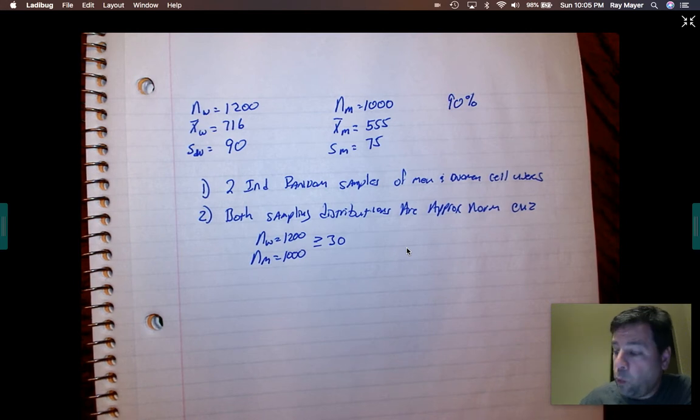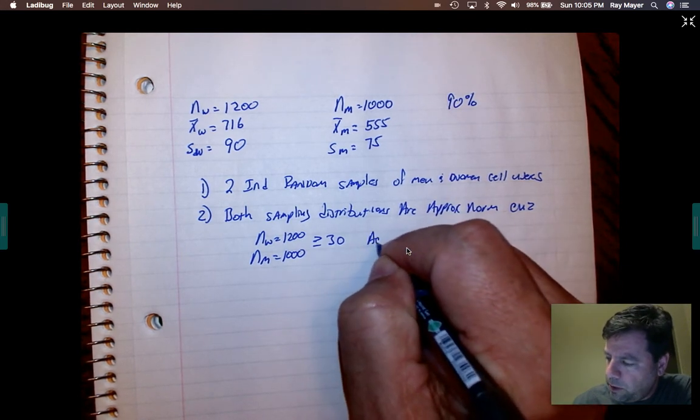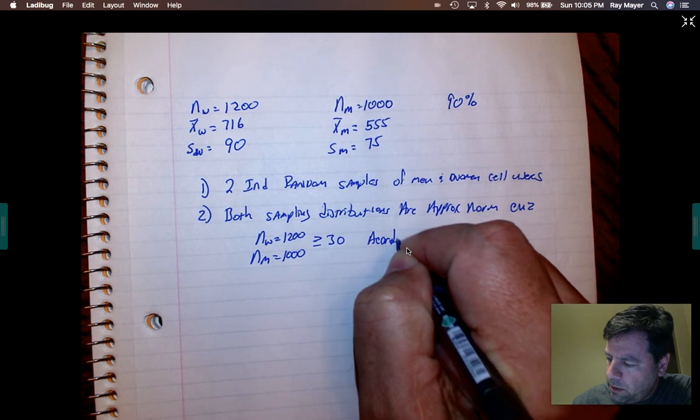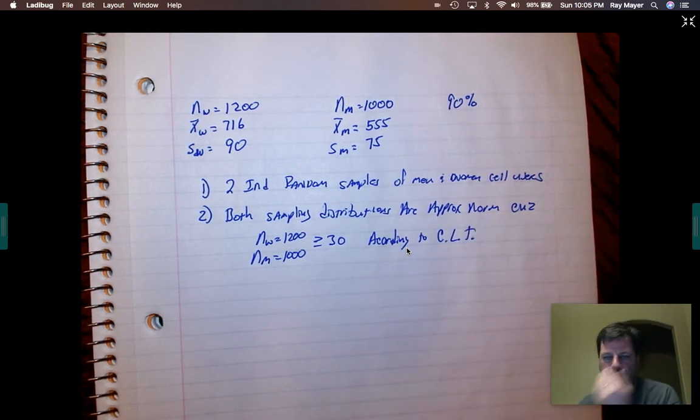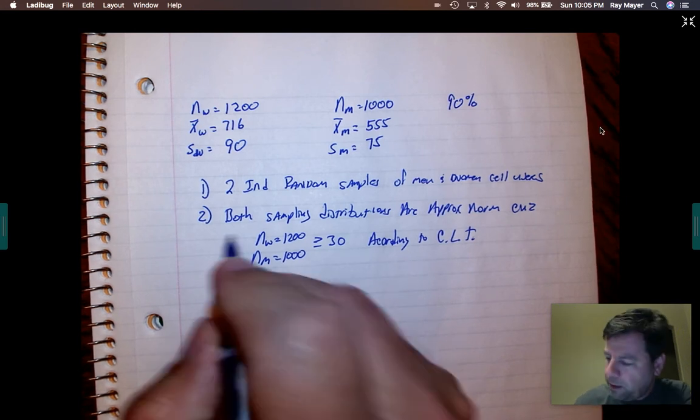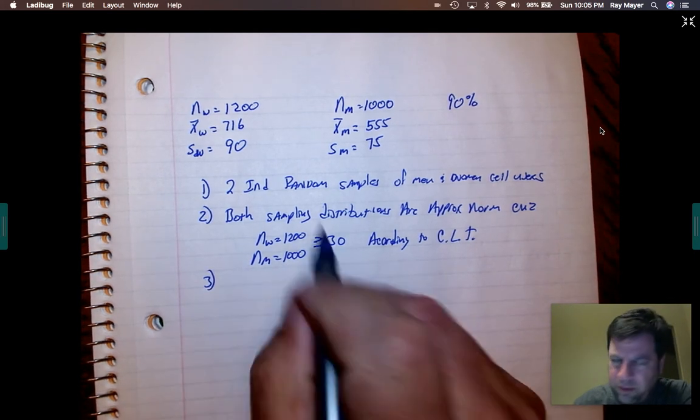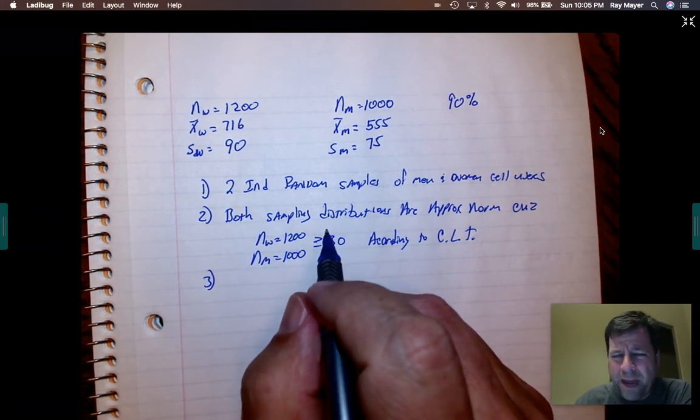And that's according to the central limit theorem. Again, you probably don't need to put all that stuff, but I like to reemphasize some of those things that we've talked about already. Because this is male and female, I'm not going to combine it.